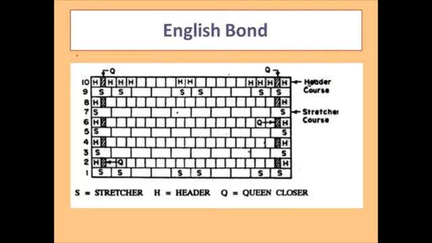That means in this bond you can find alternate stretcher and header courses. So if the first course is a stretcher course, the second will be the header course. If the first is the header course, the second will be the stretcher course.